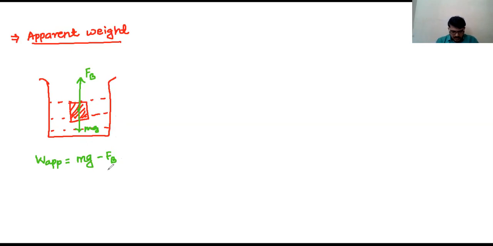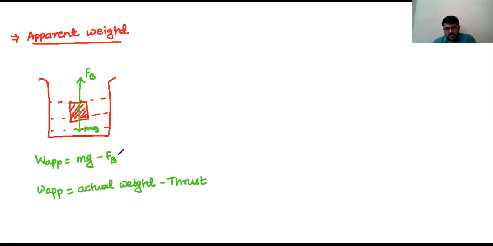Now, see here, can I write like this now? W apparent is equal to mg, which is what here? Actual weight. Minus this Fb is nothing but what? Thrust. Yes or no? Apparent weight is what? Actual weight minus thrust. That is nothing but buoyant force.